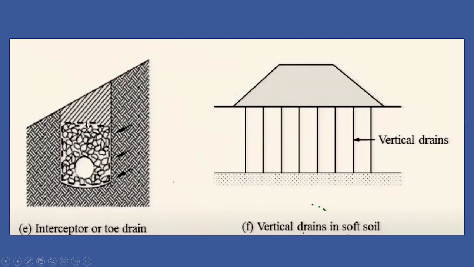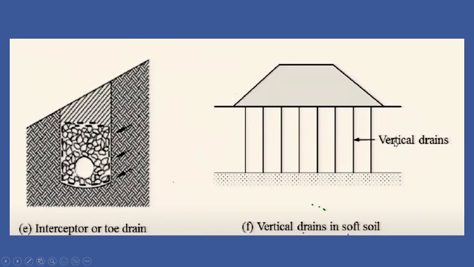And if we have a sloped region, the water in the sloped region will try to move from the higher region to the lower region. If in some way you provide a drainage path in between some particles or stones or gravel cross section, that will help us in removing the water, and the failure of the slope will be prevented.